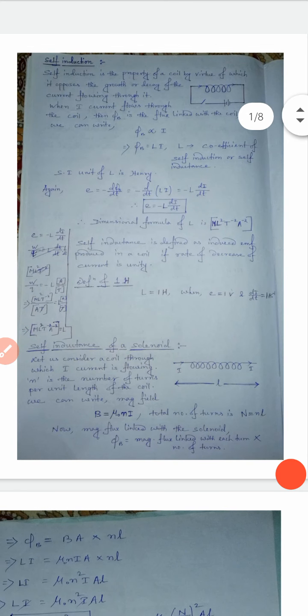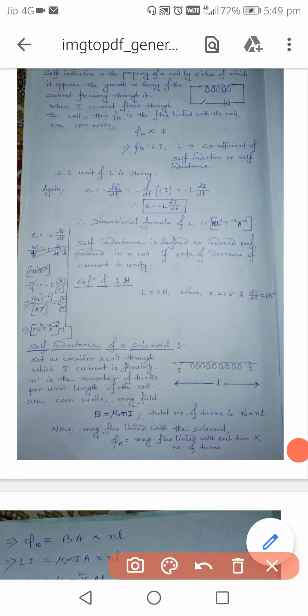Now we will find an expression for self-inductance for a solenoid, especially for a solenoid. Okay, suppose there is a solenoid. Through this solenoid current I is flowing. The length of the solenoid is L, suppose. Now we know that in a solenoid what is the value of the magnetic field? We already deduced this expression in chapter 4. B equals mu naught n i. What is n here? Small n.